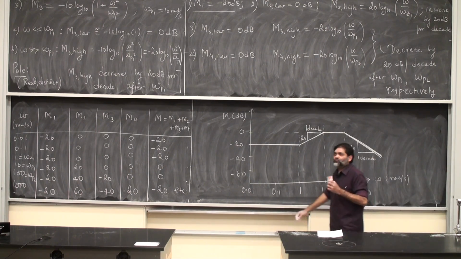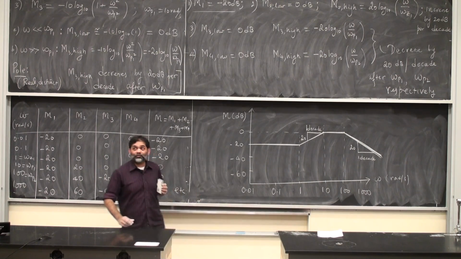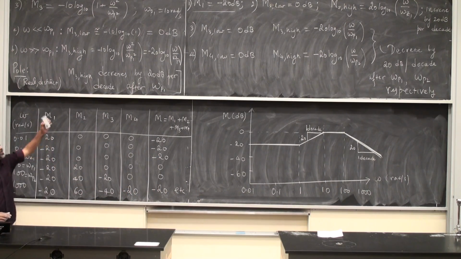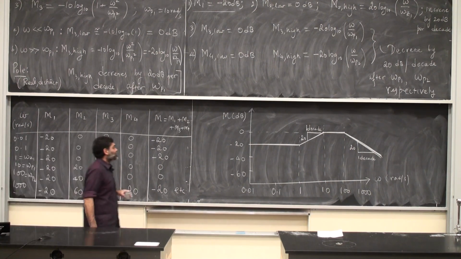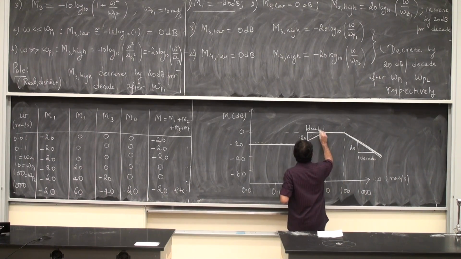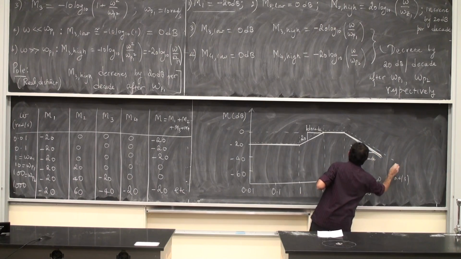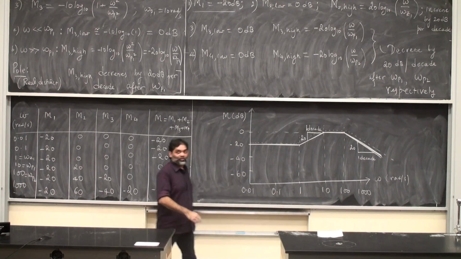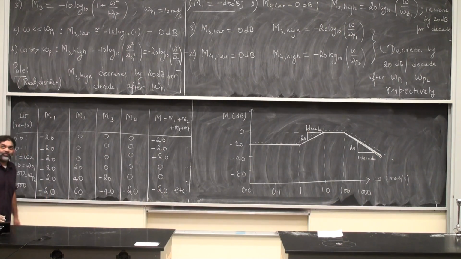Okay, and you can also do the following. I'm not going to do it, I'm going to show it in my lecture notes. You can plot the individual pieces, M1, M2, M3, M4, and then add them up on the plot itself, instead of writing out these numbers. I like this because I can see the numbers visually. This is better for me, but you do your own thing. The actual plot is going to be a smooth plot, not these kinds of broken chunks.